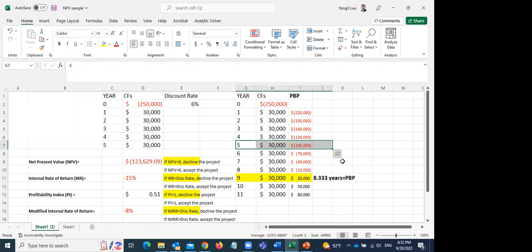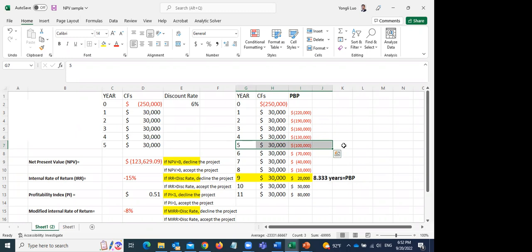No, you are not going to be happy with that, because you wanted to get all your money back in 5 years. Now it takes 8.3 years. It's beyond your expectation, a much longer time than 5 years.